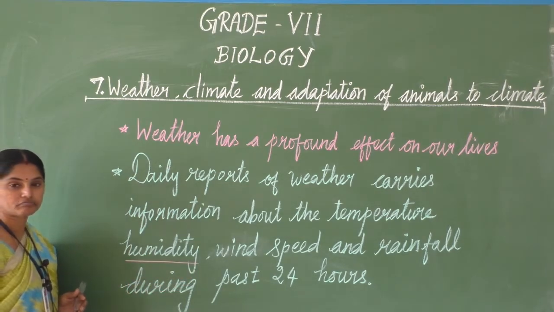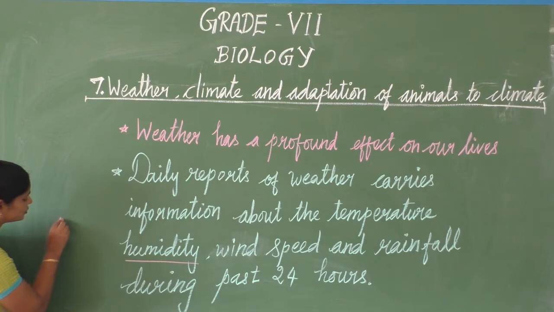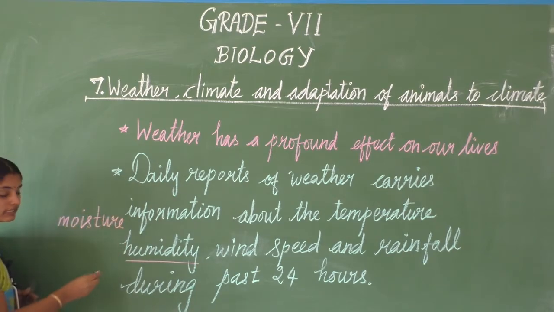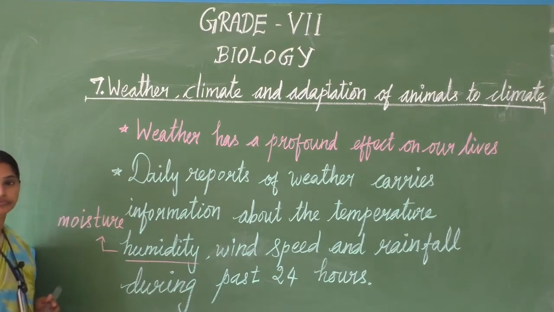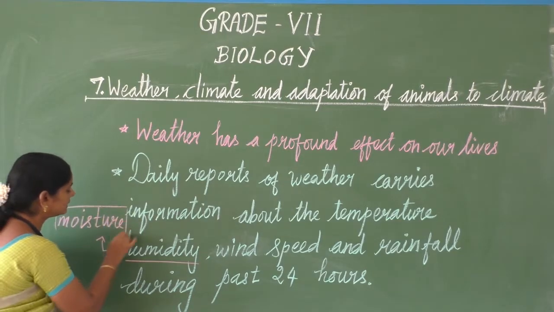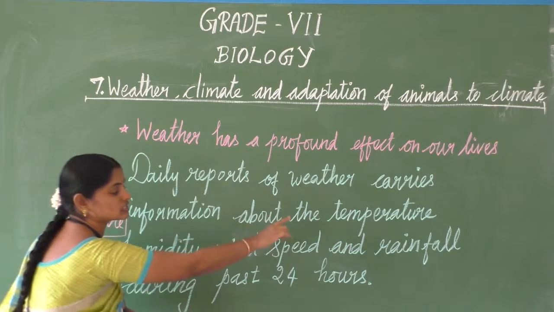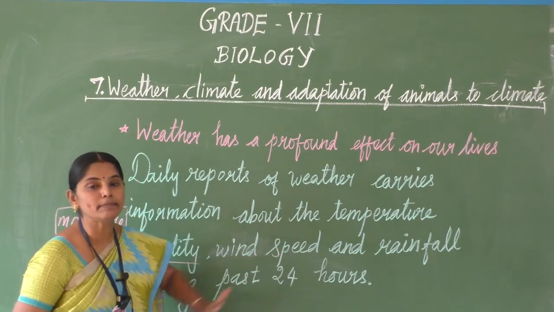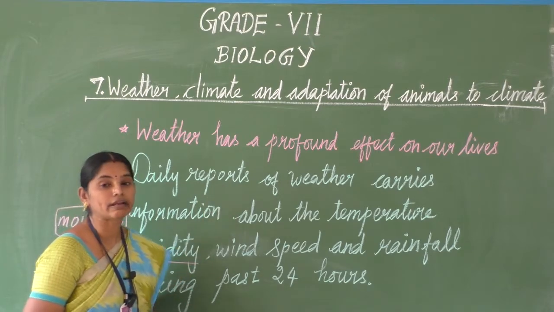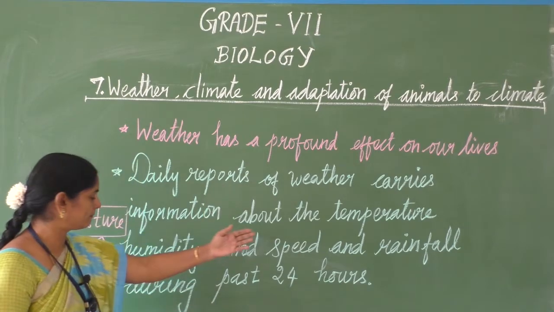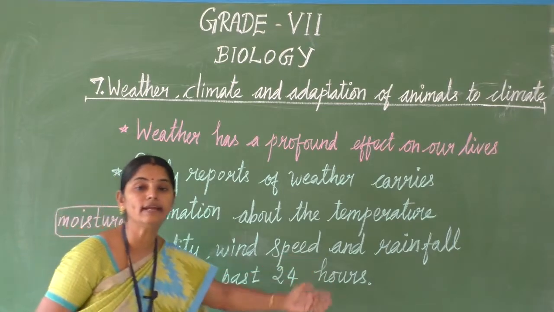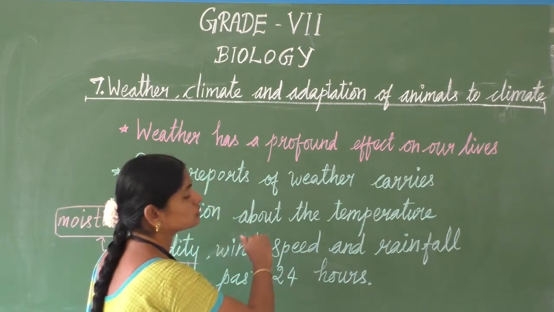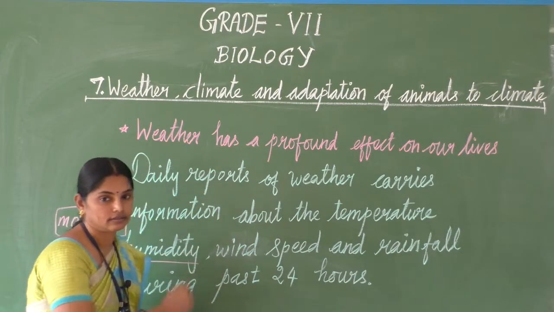Humidity is moisture. So they discuss these 4 things. These are the 4 main elements of a weather report, isn't it? Temperature, humidity, wind speed and rainfall. Now we are going to see about weather in detail.